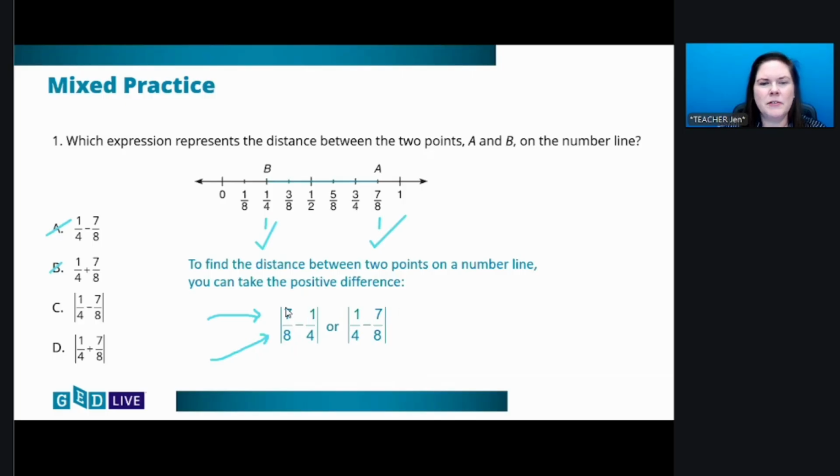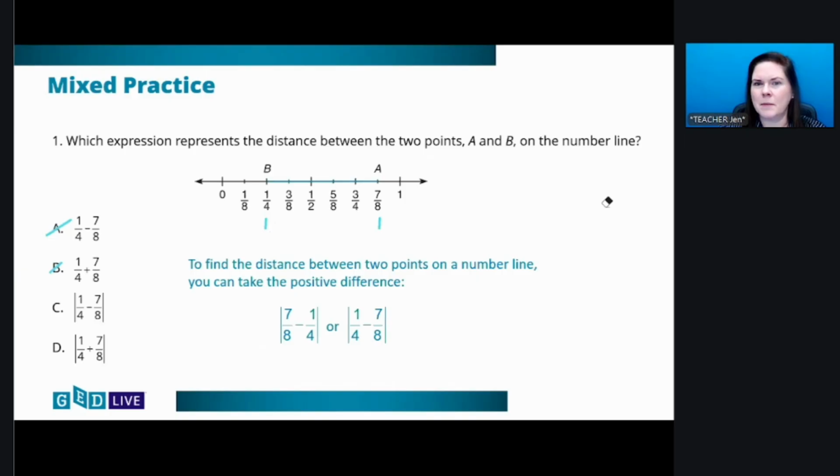Now, if you were to simplify 7/8 minus 1/4, and you were to simplify 1/4 minus 7/8, you might say, well, those are different numbers. One's going to be positive, one's negative. But they're inside the absolute value bars, which means the result will always be positive. So these two examples at the bottom are exactly the same in terms of their value.